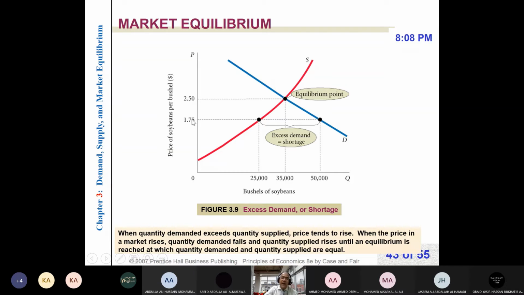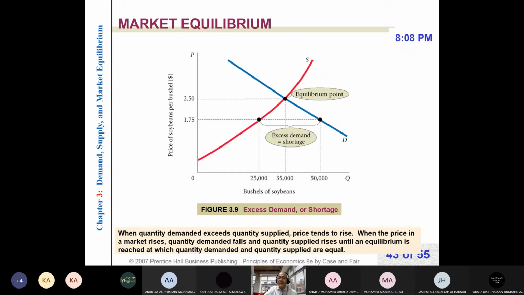Again, as the price increases, the quantity supplied will increase according to the law of supply, but the quantity demanded will decrease according to the law of demand.